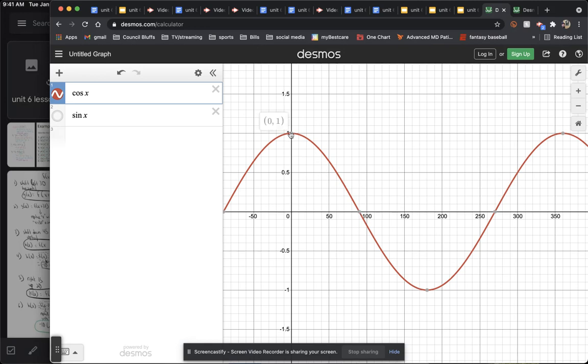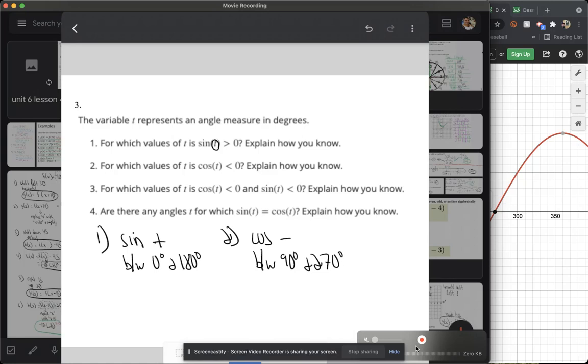If I'm just sticking from 0 to 360, it's going to be negative between here and here. So it's negative between 90 degrees and 270 degrees.